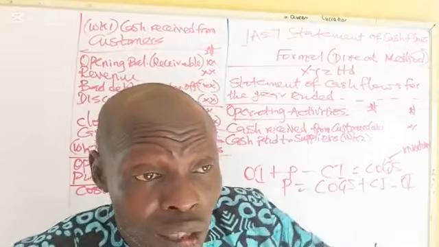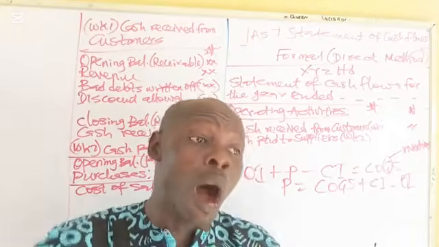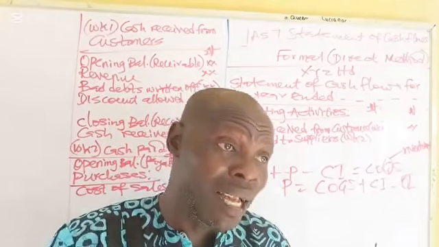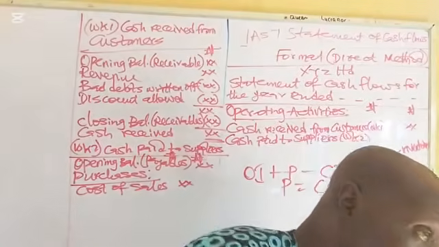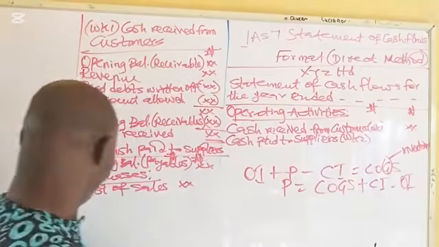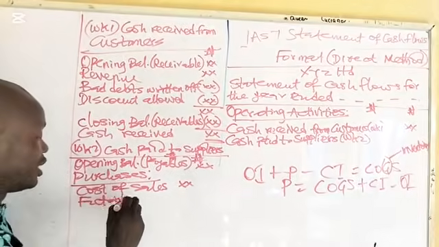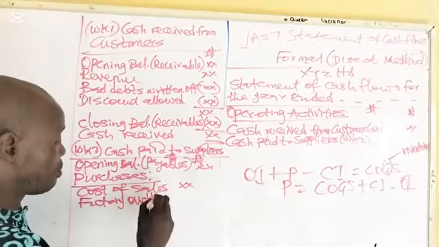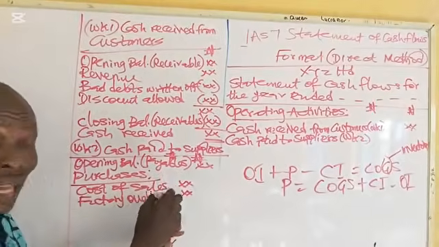To convert your cost of sales to cost of goods sold, you go through the question. Are there non-inventory related items that have formed part of cost of sales? For instance, if you have factory overheads, especially for a manufacturing entity, it is already added.